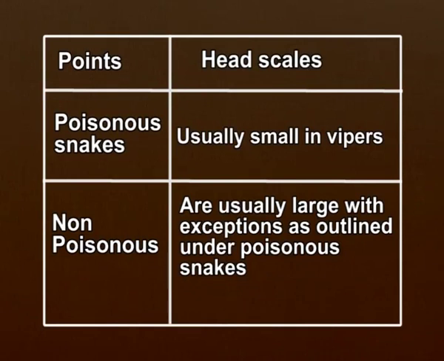If you compare the head scale, usually viper shows small scales and the non-poisonous snake shows large scales. Exceptions are also there in the non-poisonous case.